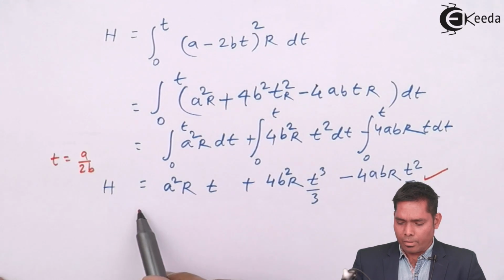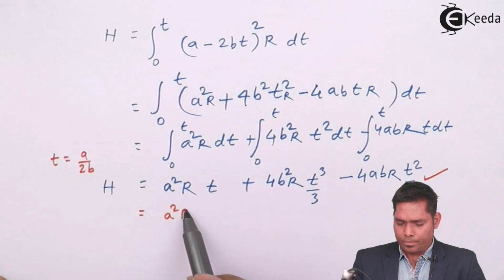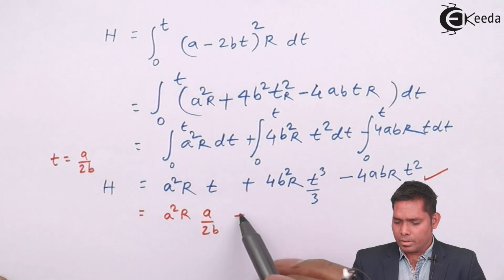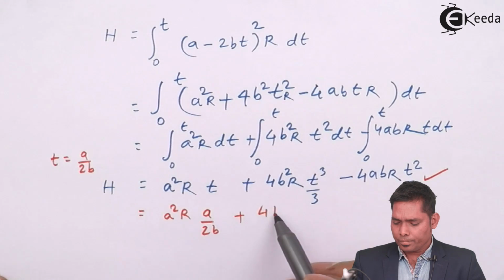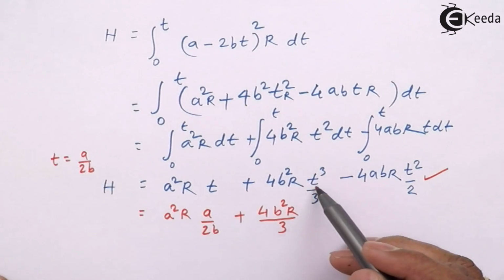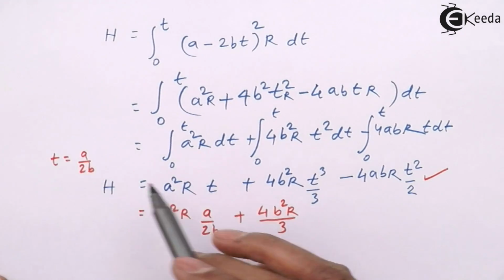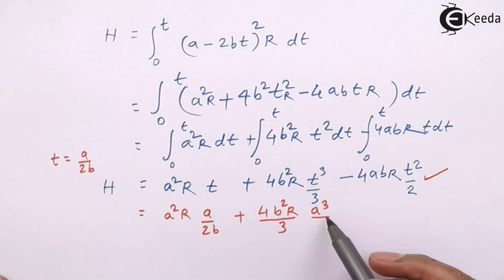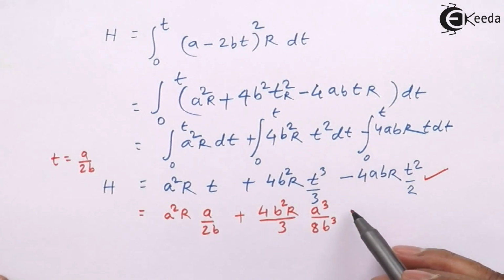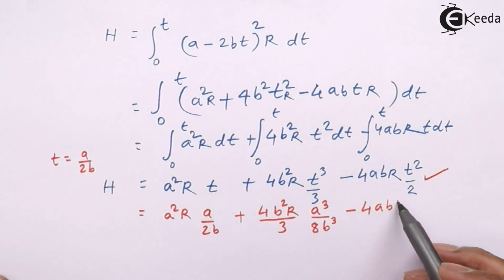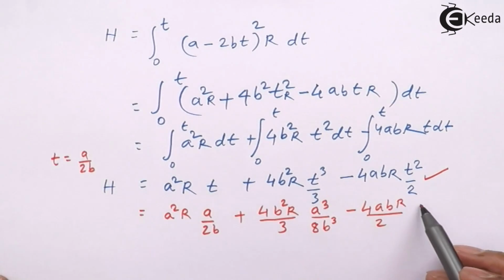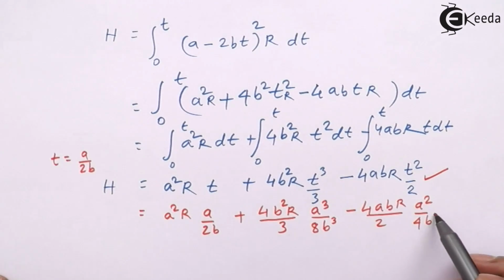If I substitute that, I will get a square r, t is a by 2b, plus 4b square r, t cubed by 3, so this t cubed is a cubed over 8b cubed, minus 4abr divided by 2, t square, that is the square of this, a square over 4b square.